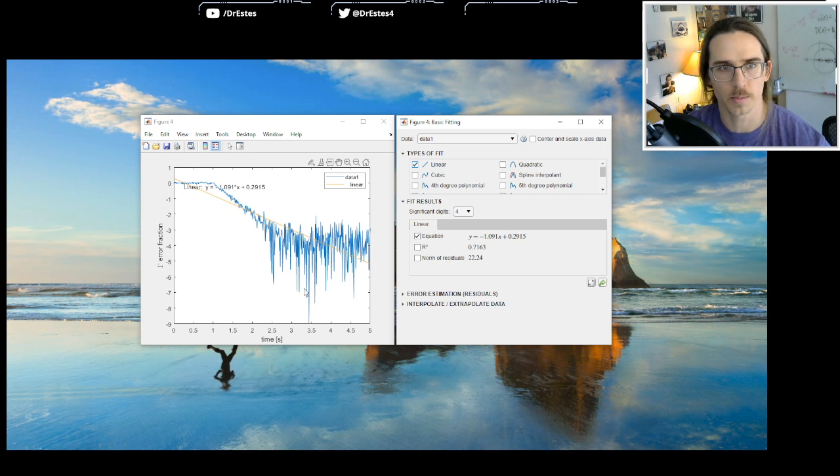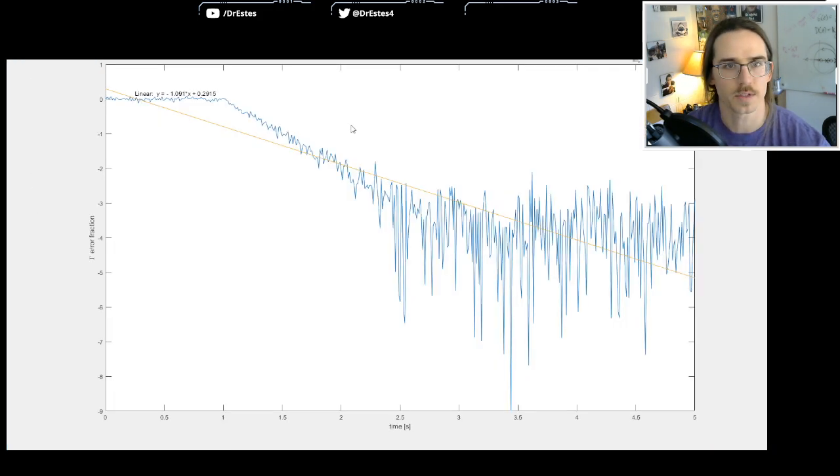And okay, the problem is, if I make this larger, this fits the whole range of data. So that's not something you want to do. You want to fit just this portion that actually looks like a line. And we want to exclude a good portion of this noisy stuff too.